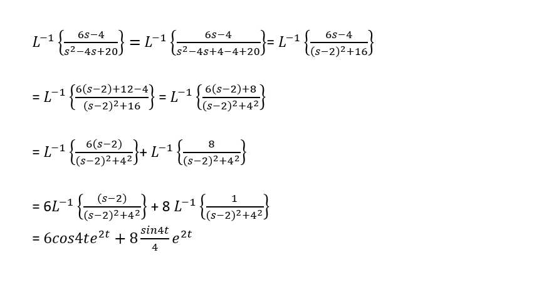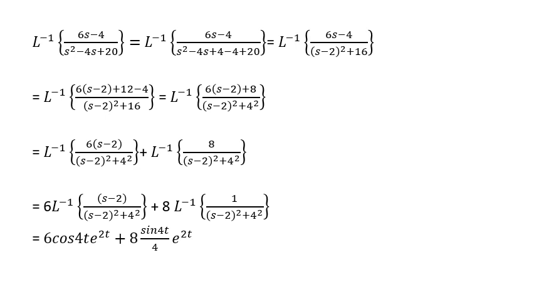Now separate the numerator. So L inverse of 6 into (s minus 2) by the denominator plus L inverse of 8 by the denominator. Now 6 is a common constant, you can remove that. Now L inverse of (s minus 2) by ((s minus 2) square plus 4 square) resembles the formula s by (s square plus 4 square), and that is nothing but cos 4t.